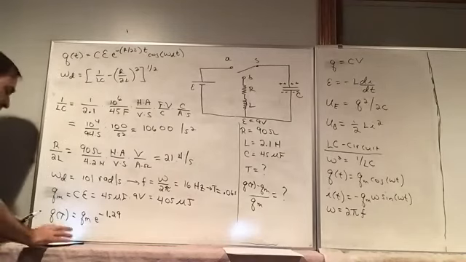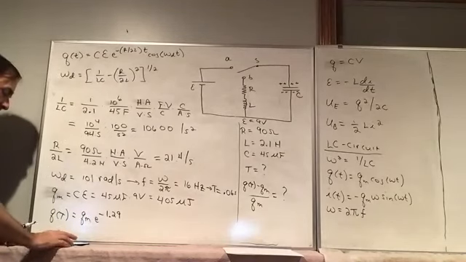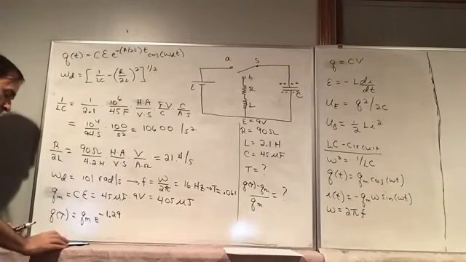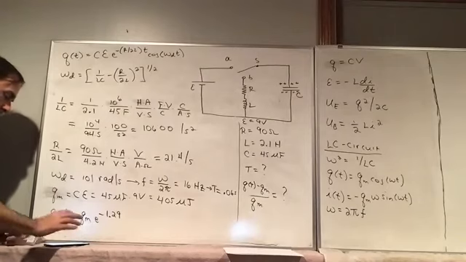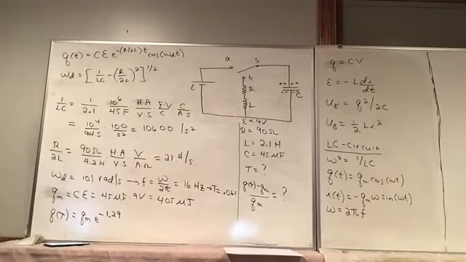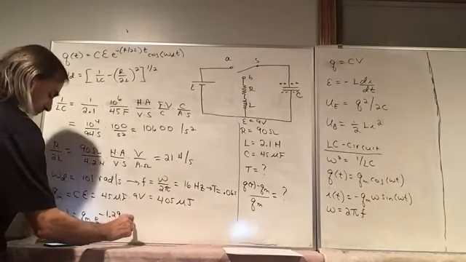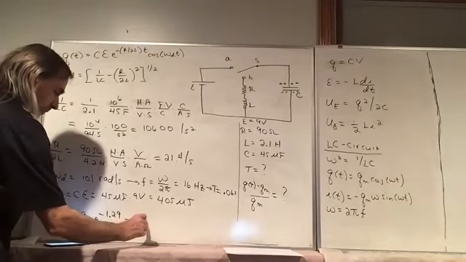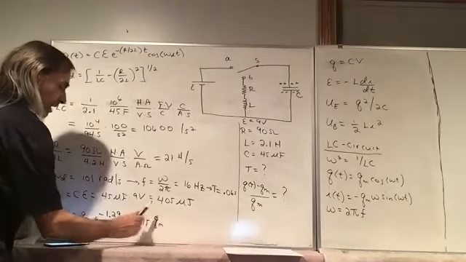So let's do e to the minus 1.29. That's about 0.275. Let's say 0.28.